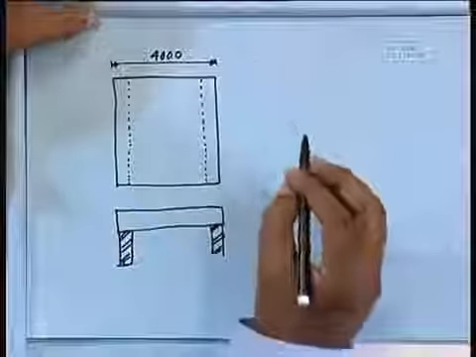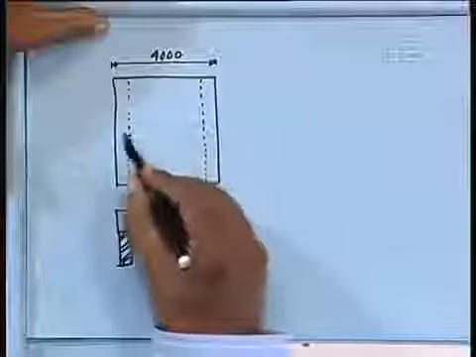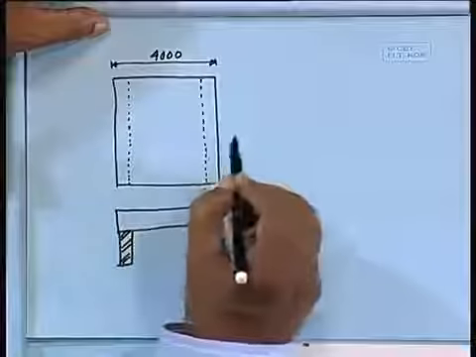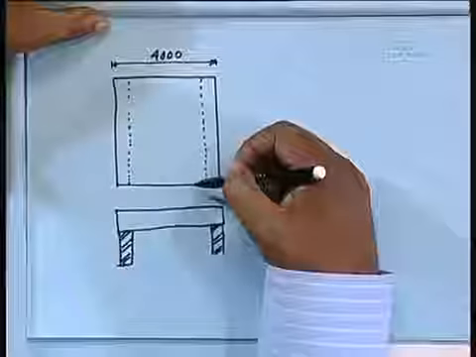We do not provide the reinforcement here, we can just simply provide one horizontal line, but we have to provide the reinforcement at the bottom as well as at the top. So, in the support also, we shall provide certain nominal reinforcement.